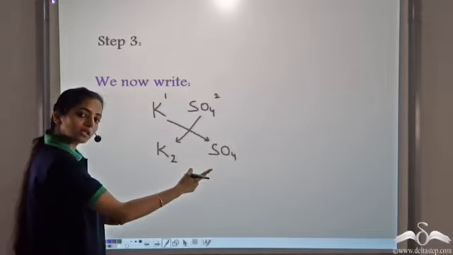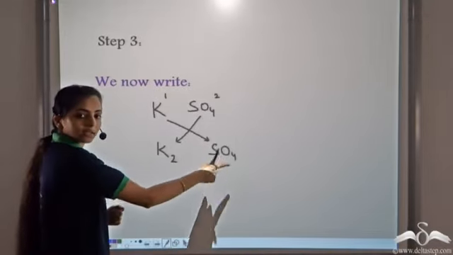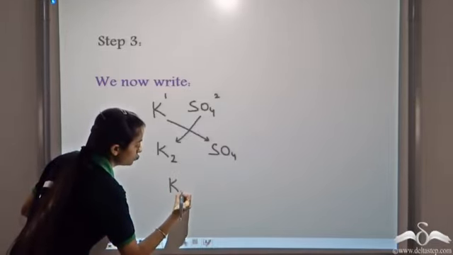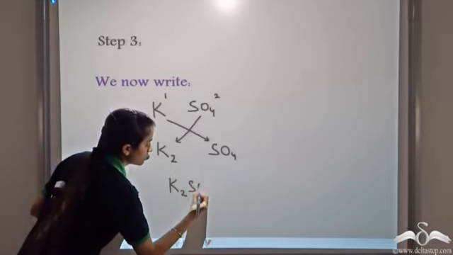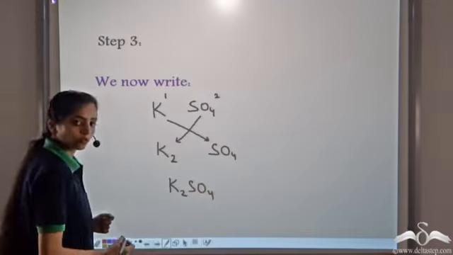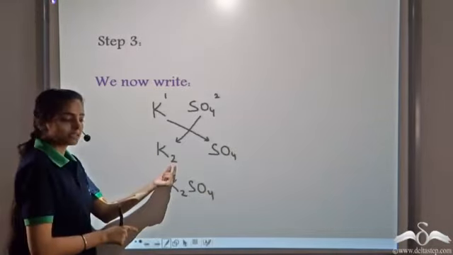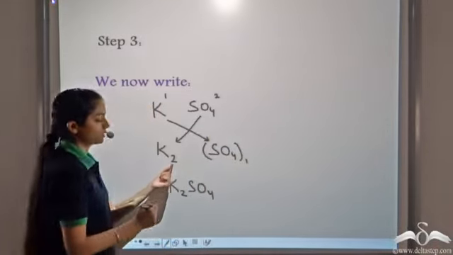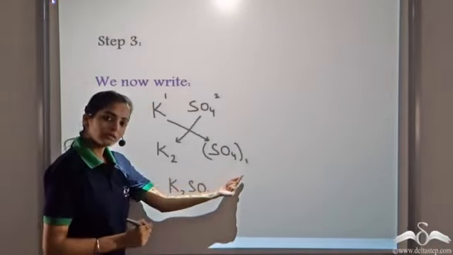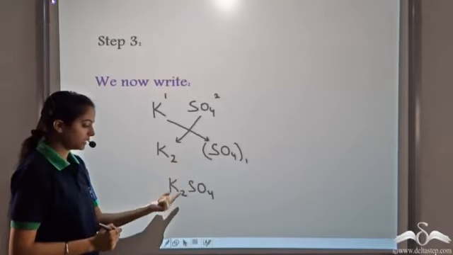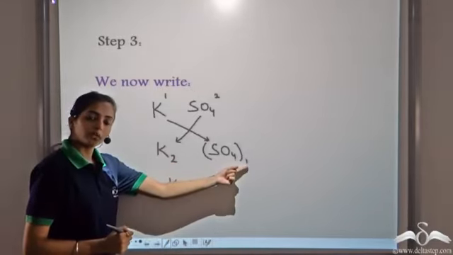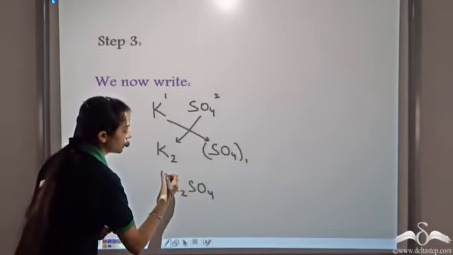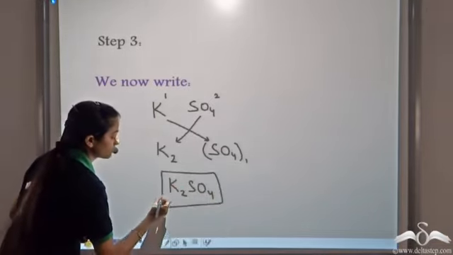Since we get 1 here, we can ignore the 1 and simply write the radical without using brackets. So we get K2SO4. The HCF of 2 and 1 is 1. When we divide 2 by 1, we get 2. When we divide 1 by 1, we get 1. So the formula of potassium sulfate becomes K2SO4.